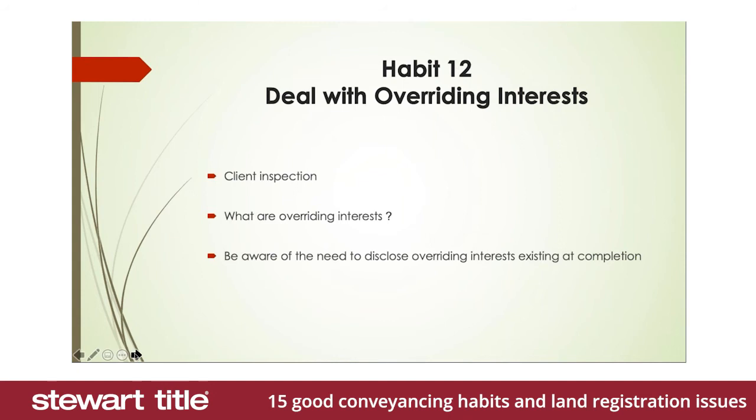And also, I think, be aware of the fact that if there are overriding interests that exist at completion, the buyer client, as the applicant for Land Registry purposes, is obliged to submit Form DI.